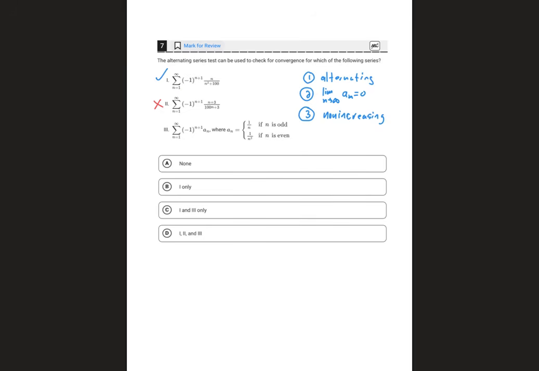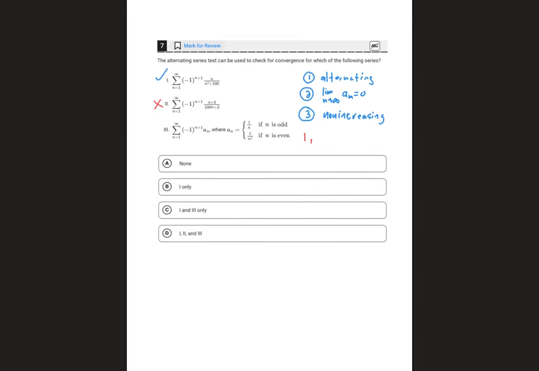Okay, so let's say we plug in n is 1, the first term. It's odd, so we'll plug it into the top one. 1 over 1 is 1, so the first term is 1. Not paying attention to the alternating series part, just looking at the positive values. When n is 2, it's even, so we'll plug it into the bottom.